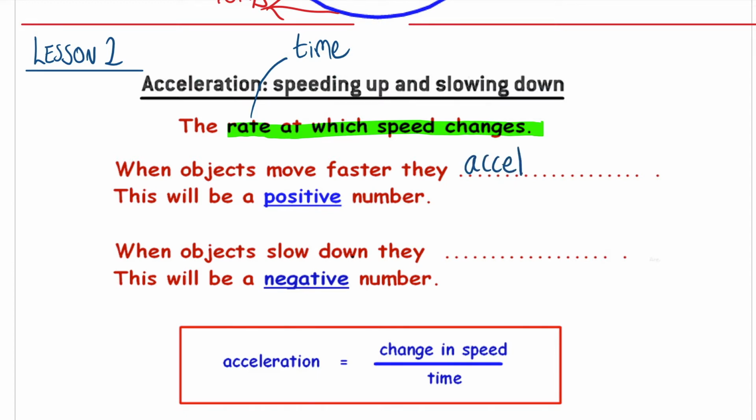Look at the spelling of accelerate, 2 C's. But when you spell decelerate, the opposite, when objects slow down, there's 1 C. Just watch out for that. So, where something is speeding up, it's accelerating. When something's slowing down, it's decelerating.